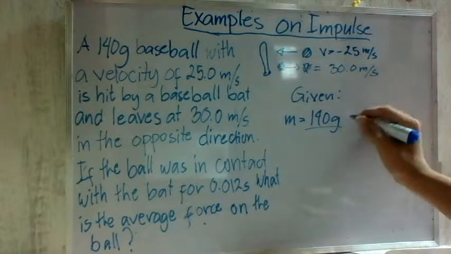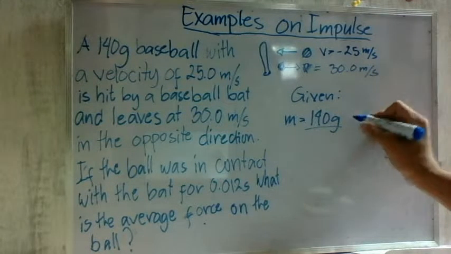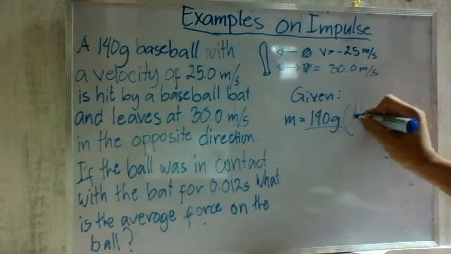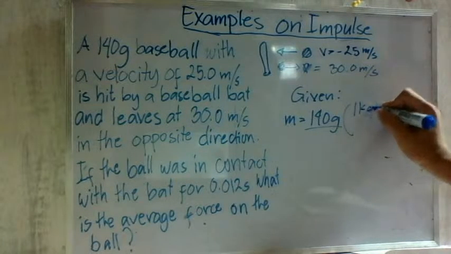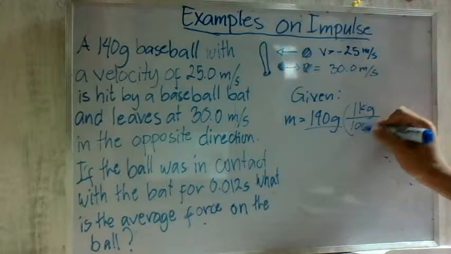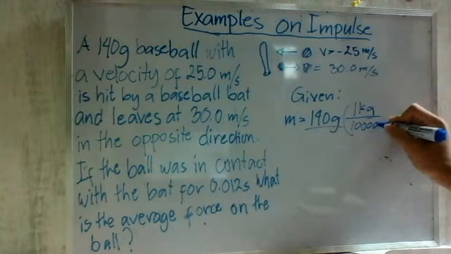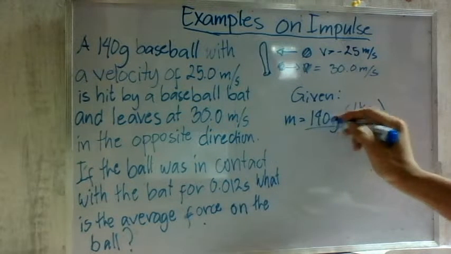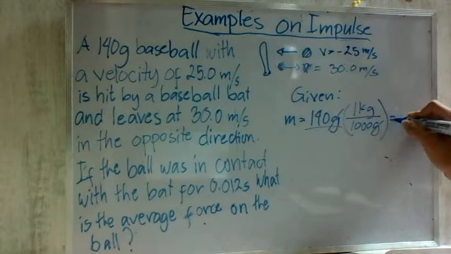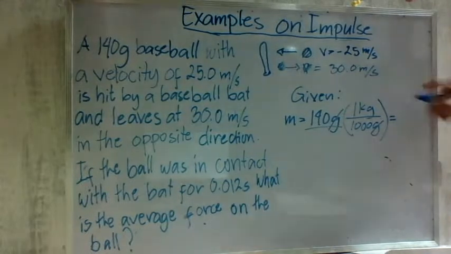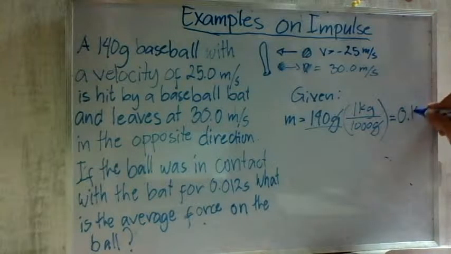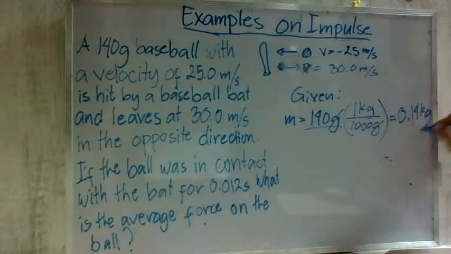So kilogram gyud atong gamiton. So i-multiply nato by 1 kilogram over 1,000 gram. Makancel ang gram. So natay mass nga 0.14 kilogram.